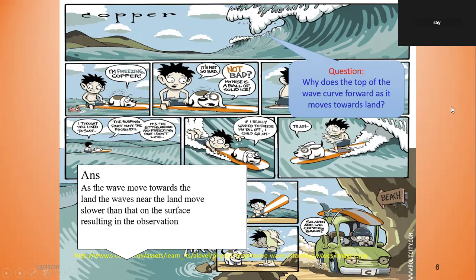As the wave moves towards the land, the wave near the land moves slower than that on the surface, right? You can think of it as different layers. So the surface one is moving faster. The one near the land is moving slower. So that's why it's curved that way. Anyway, just for your curiosity only.